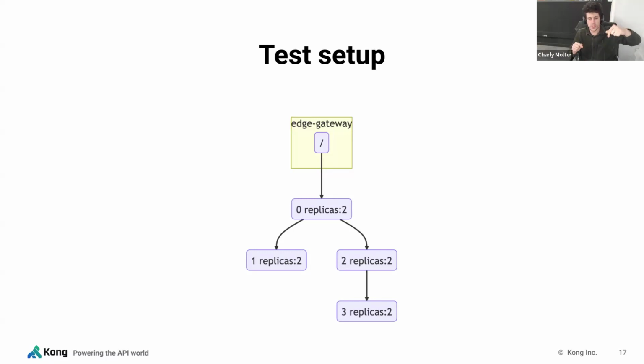Whenever service 0 receives a request, it will send 2 requests, one to service 1, one to service 2, right? And service 2, to fulfill the request, will call service 3, okay? It's just a little toy setup.